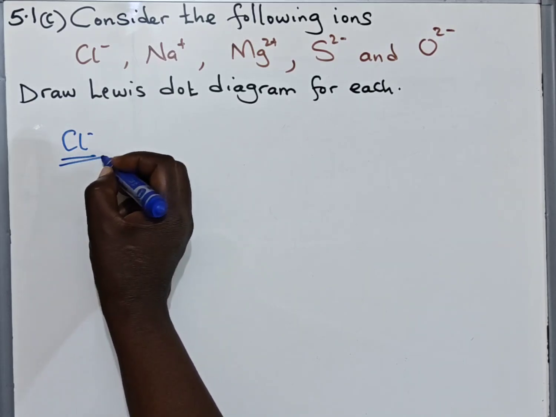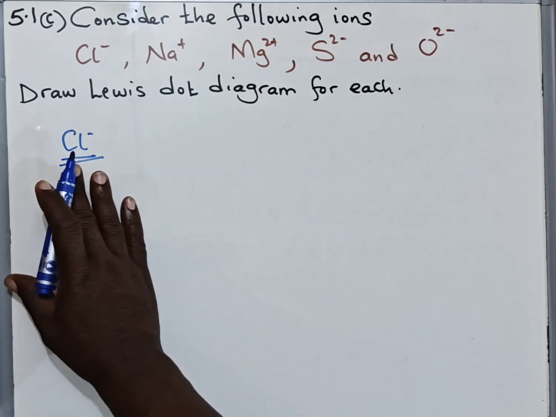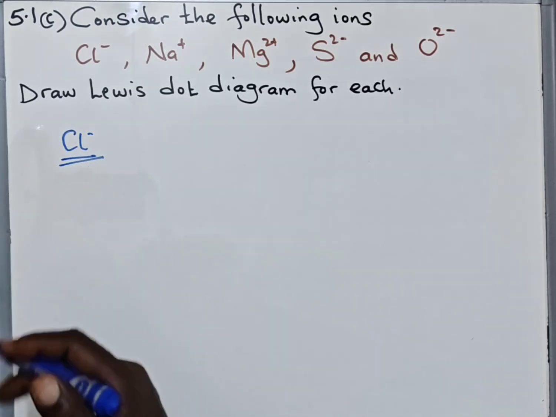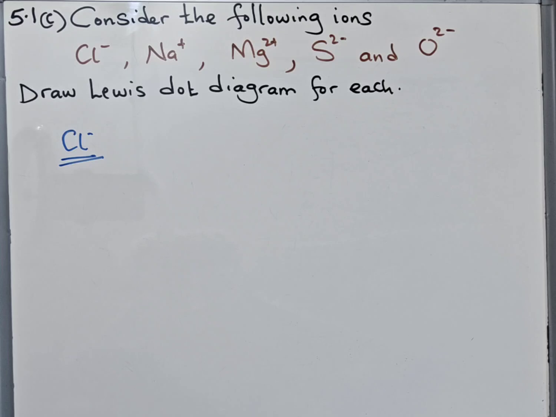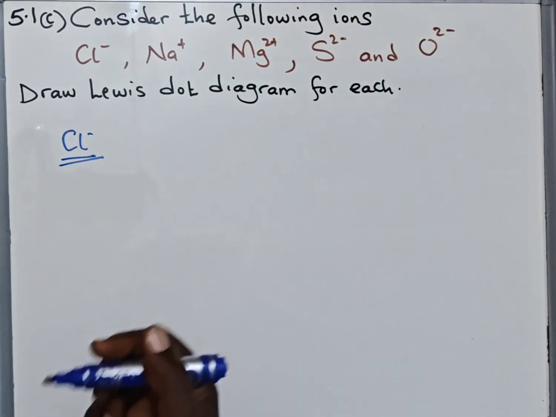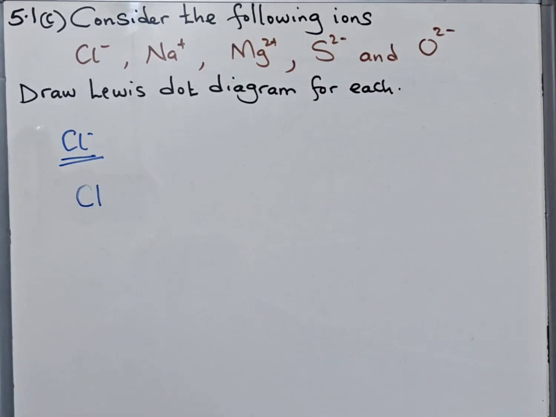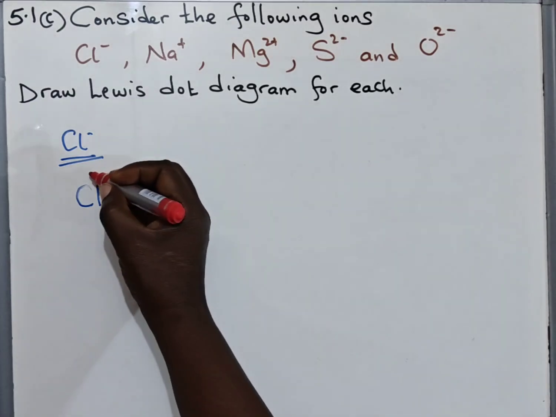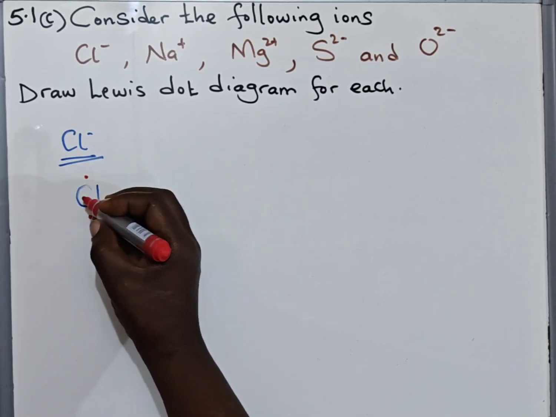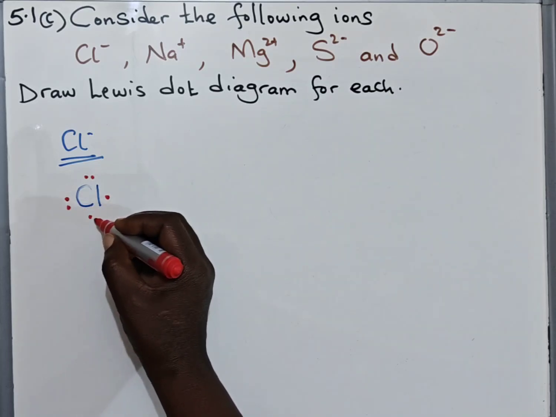How do we approach this? For the start, you have to represent the Lewis dot diagram of chlorine atom. You need to remember that chlorine belongs to group 17, and group 17 has 7 valence electrons, which we distribute as 1, 2, 3, 4, 5, 6, 7.